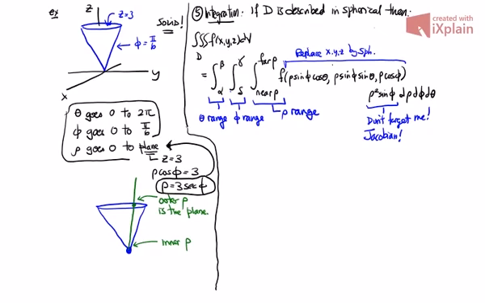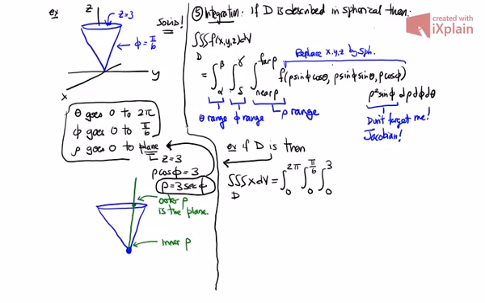So let me just end with a really, really simple example. So for example, if D is this guy over here, this cone, then suppose we were integrating, say, x dV. All that would happen is I would dump all those values in. So 0 to 2 pi, 0 to pi over 6, 0 to 3 secant phi.